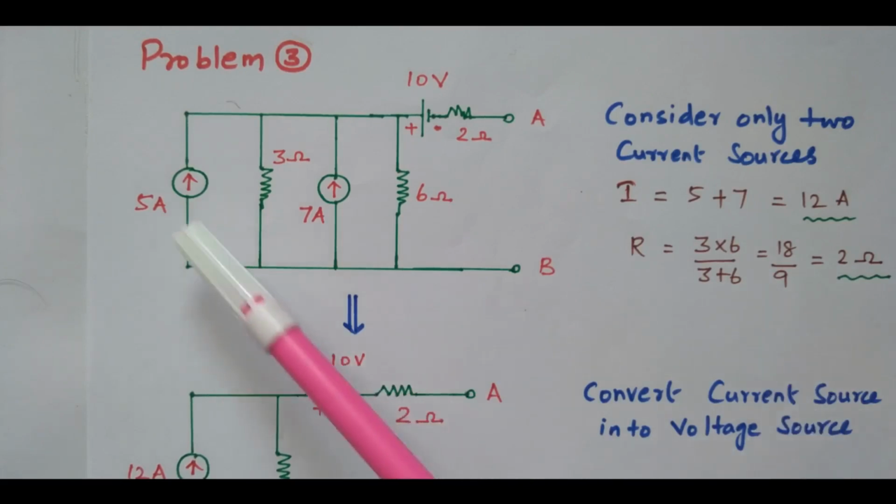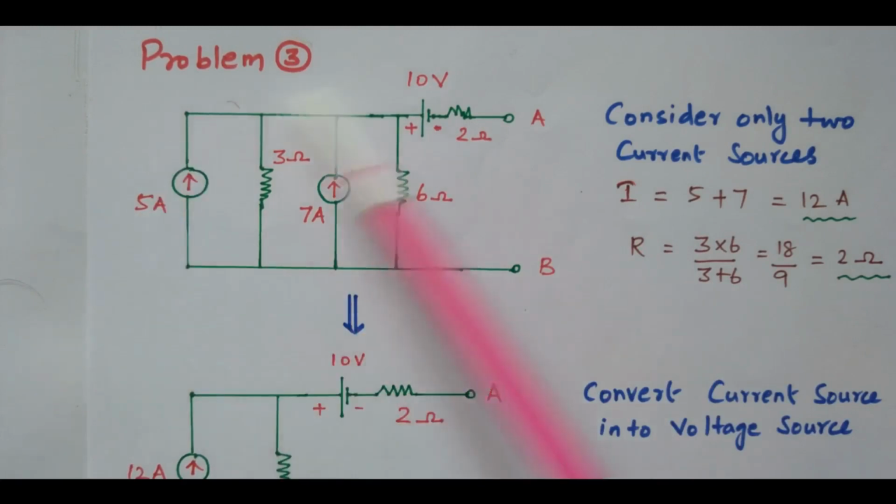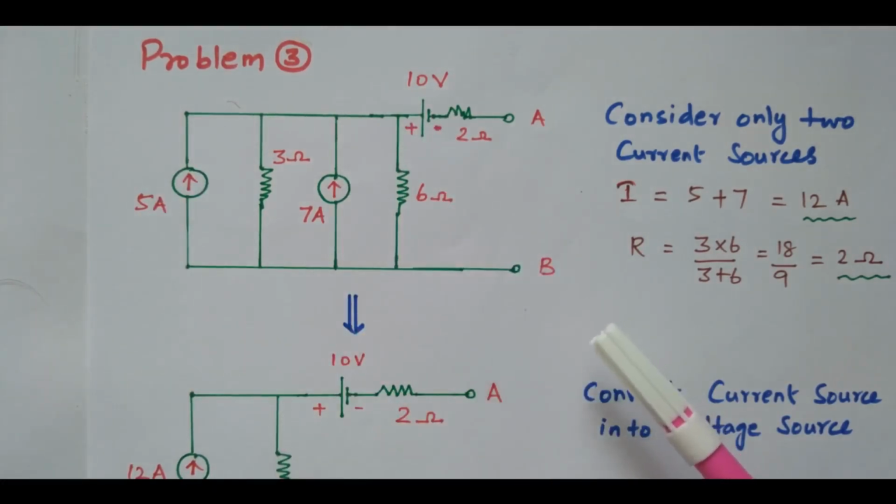In the third problem, we have 2 current sources and a voltage source; both current and voltage sources are considered here. Now we'll convert this entire circuit into a single voltage source and single resistor. We can convert to a single current source also, right? But in this problem, it is converted into a single voltage source with a single resistor.